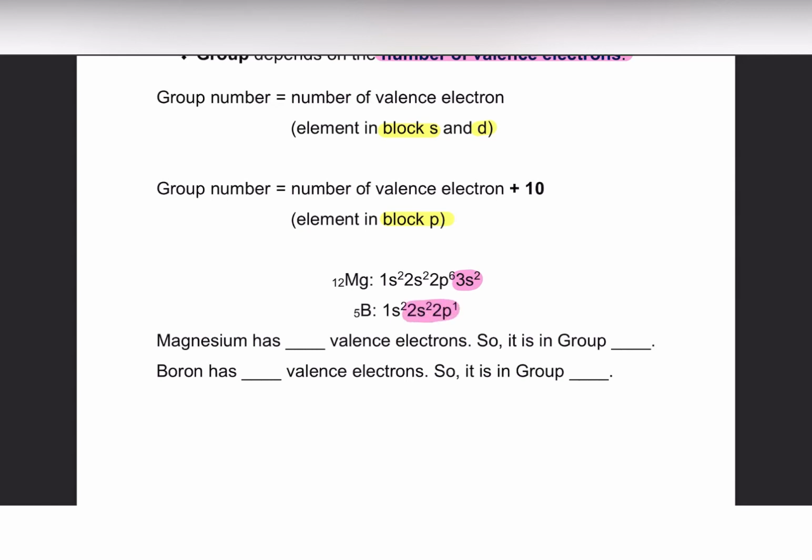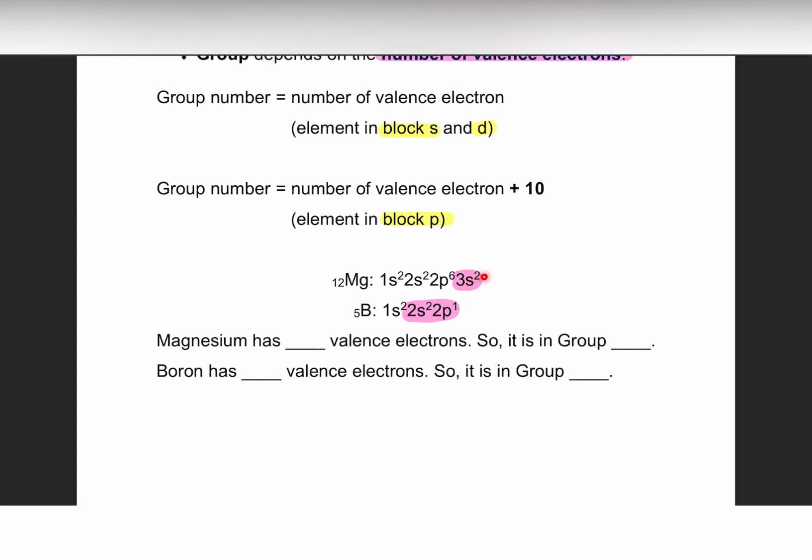Okay, saya tak boleh highlight 2p sahaja sebab 2p dia datang sekali dengan 2s dalam energy level yang sama, n equals to 2. So, let's continue. So, this is the highest energy orbital. So, what we're gonna do here, dalam subshell yang paling highest energy ini, kita akan tentukan group berdasarkan bilangan elektron yang ada.